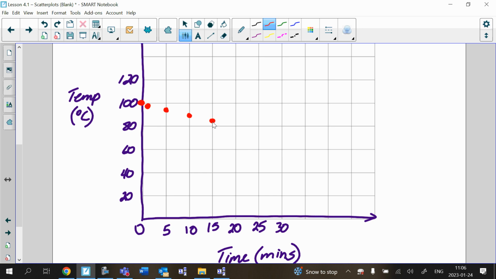So in this case, we would connect the points, because both variables are continuous.